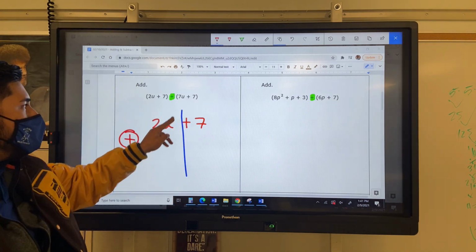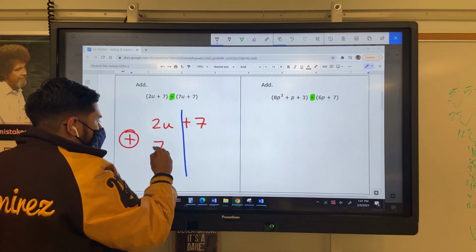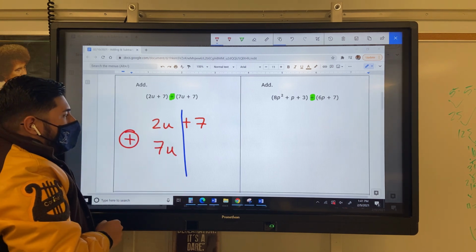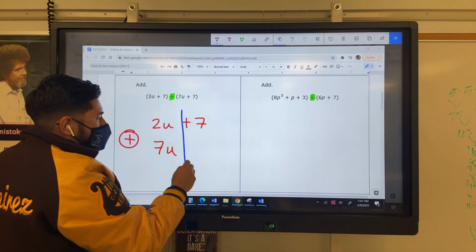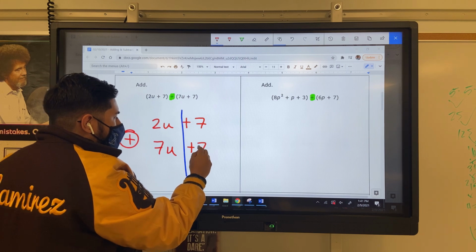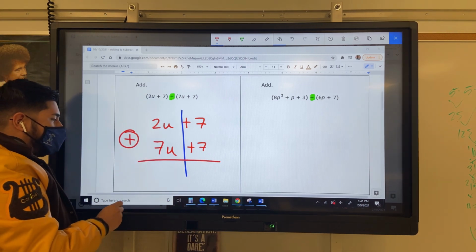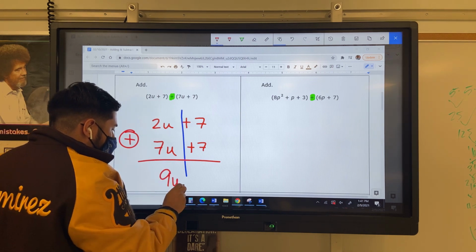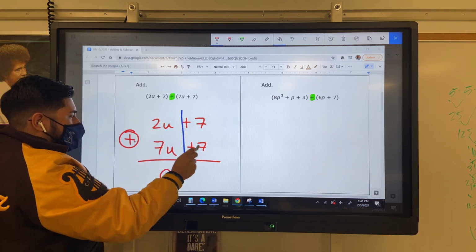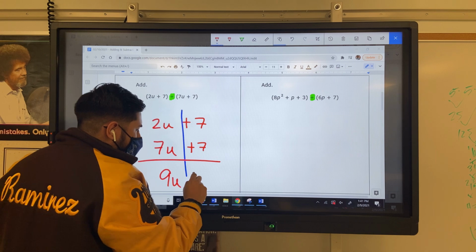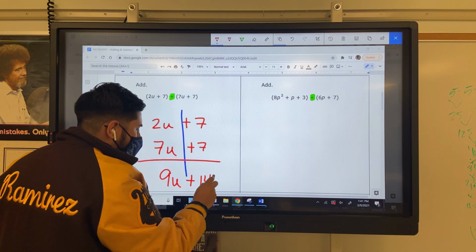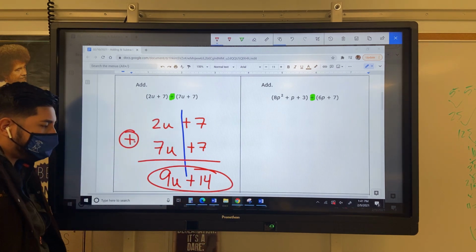The only one with you, which is 7u. The other side, the plus 7. And now we add 2 plus 7, boom, boom, boom, 9u. 7 plus 7, boom, boom, boom, plus 14. And there's my answer.